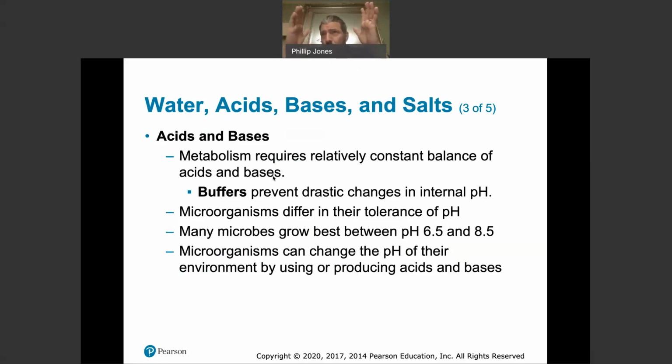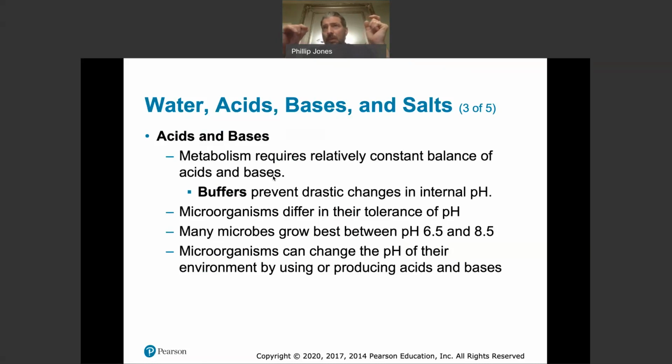If your interstitial fluid or your blood gets down to around a 6, or somewhere up around an 8 or so, that can start denaturing proteins and enzymes, and that can destroy all your enzymes. Then your metabolic activities can't happen, because without enzymes, these reactions would happen, but they'd happen so slowly that it wouldn't be compatible with life.